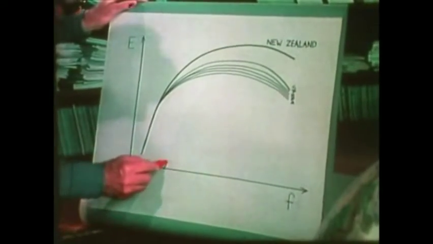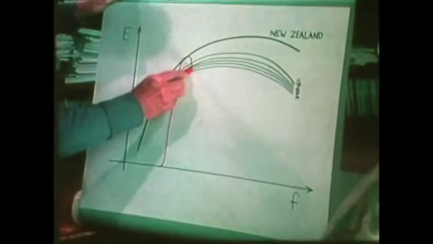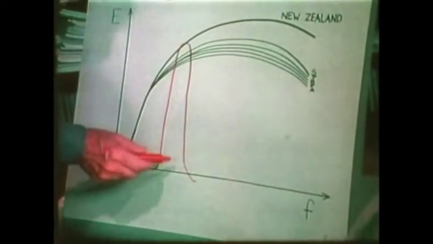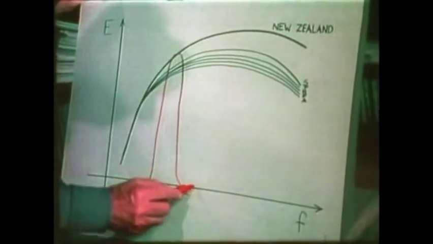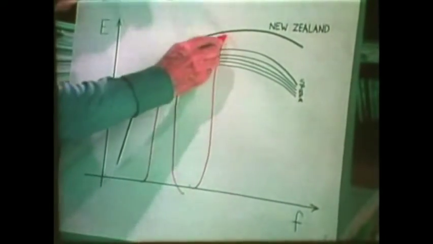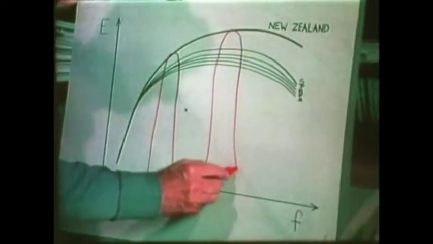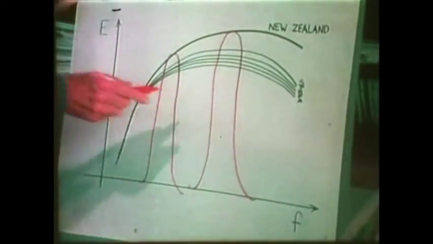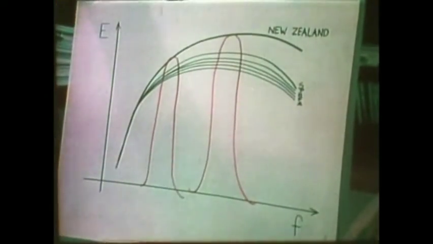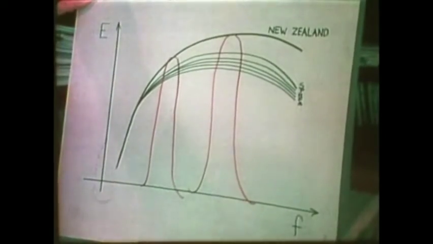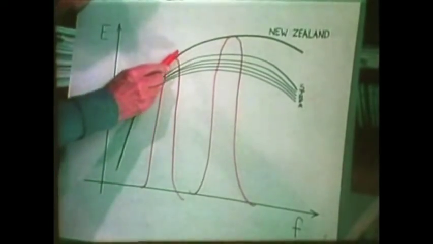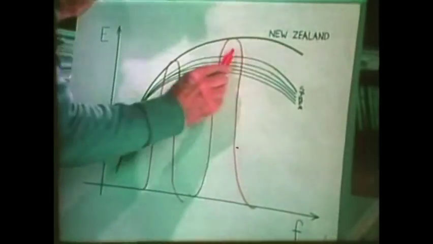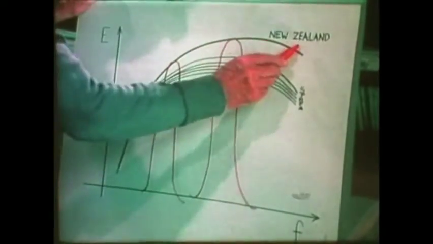On a given day, early in the storm, we would get a low-frequency spectral peak like this. A day later, the peak has wandered to higher frequencies and may look like this, simply because the high-frequency waves move slower and come in later. And if you now plot a curve through the peaks of this wandering spectrum, you get the curve marked New Zealand.